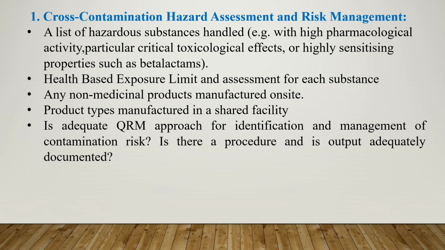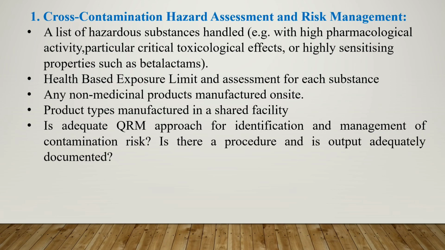Why? Because these are the most likely occurrence points of cross contamination. For example, if your molecule is highly hazardous or highly potent, then there may be a high chance of cross contamination.